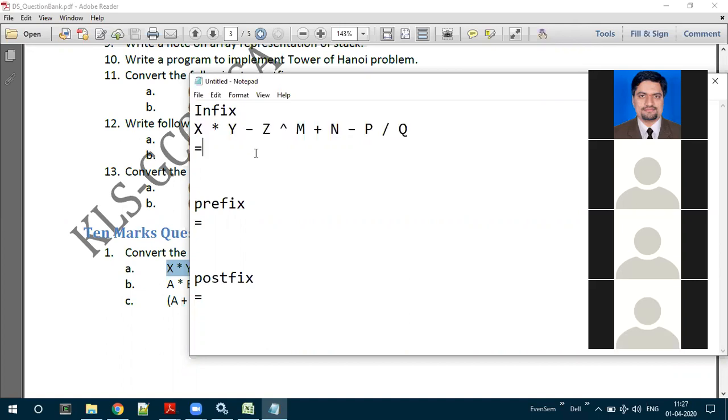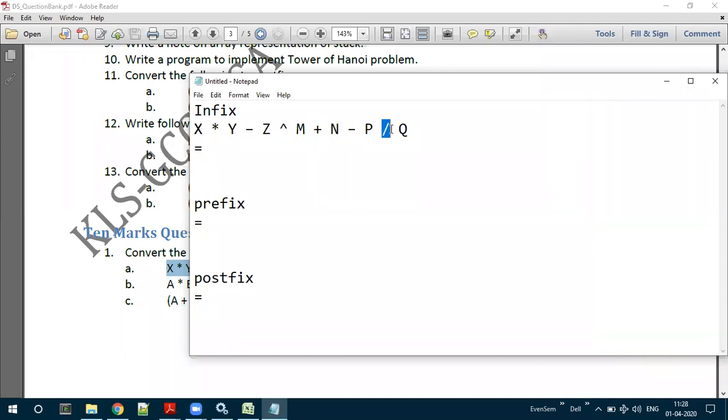Now I will tell you one trick here. When there are no brackets given, we may end up making certain mistakes. To avoid that, first we have to figure out what the different operators are and what their precedences are. Here we have multiplication, subtraction, power, addition, subtraction, and division.